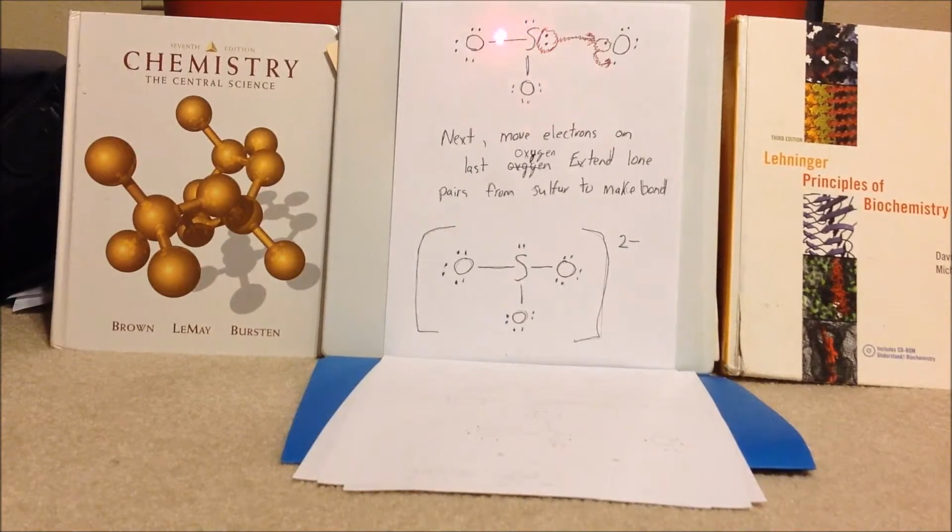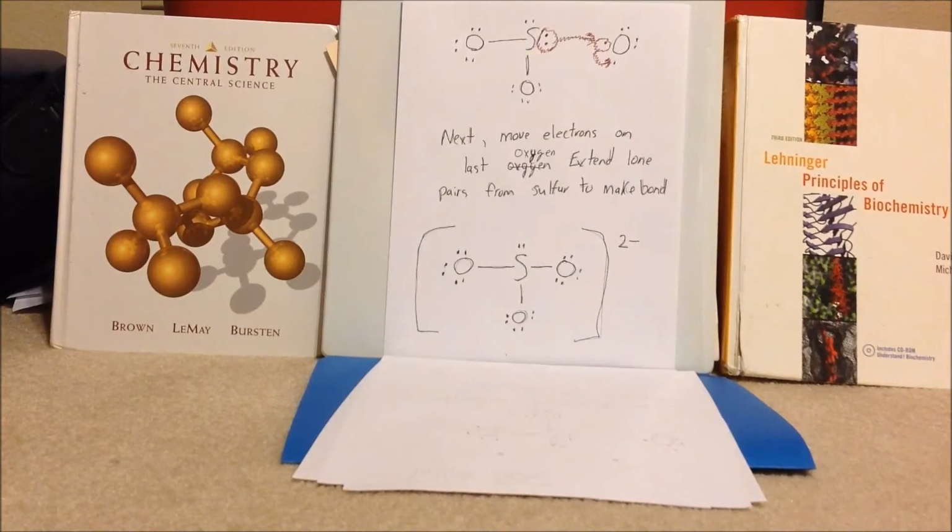I have another atom that has lone pairs that does have a full octet. If I just share these electrons in a bond with this atom, I will fulfill the octet of this atom, keep the octet in this atom, and basically solve my problem all at the same time. And that's how you get to this structure.